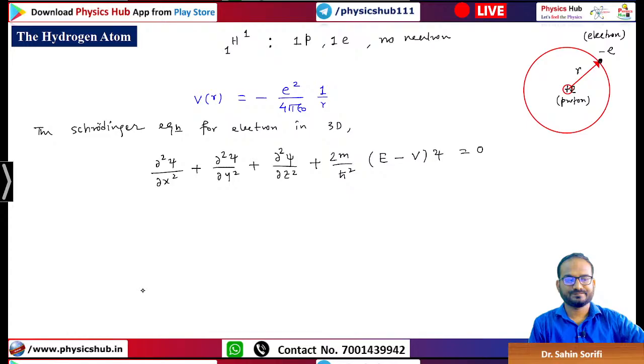Can I write it? So this is in Cartesian coordinates, right? This is the Schrodinger equation in 3 dimensions in Cartesian coordinates.